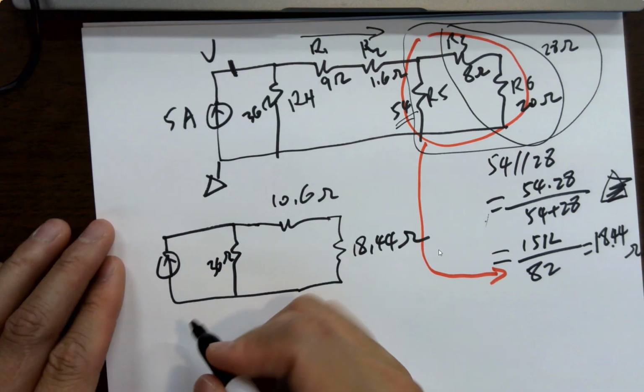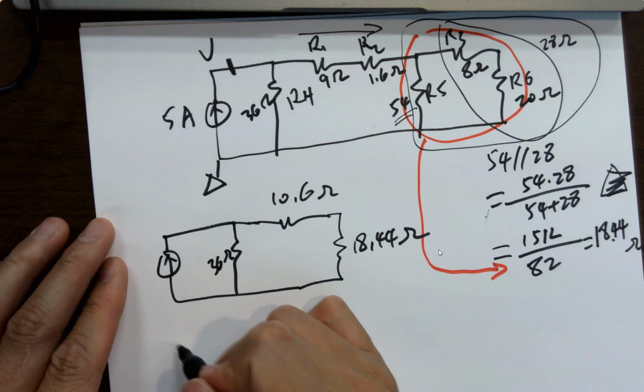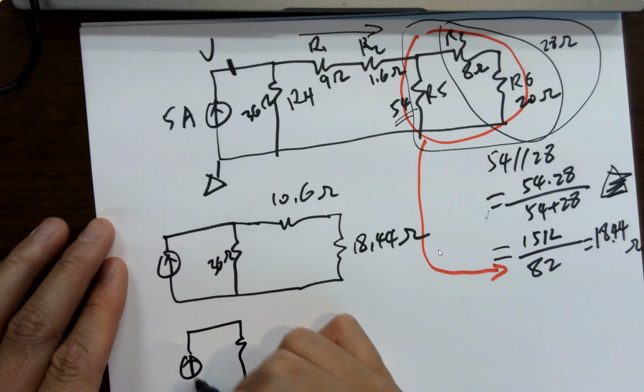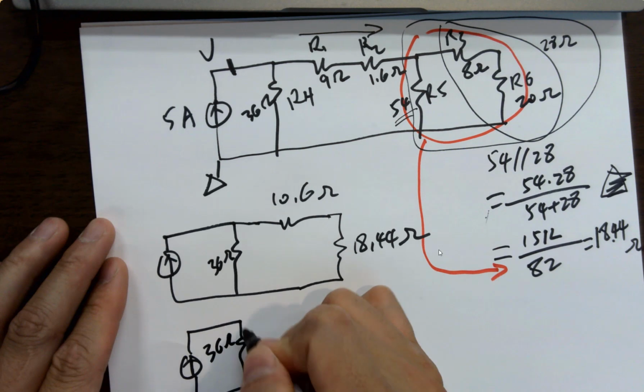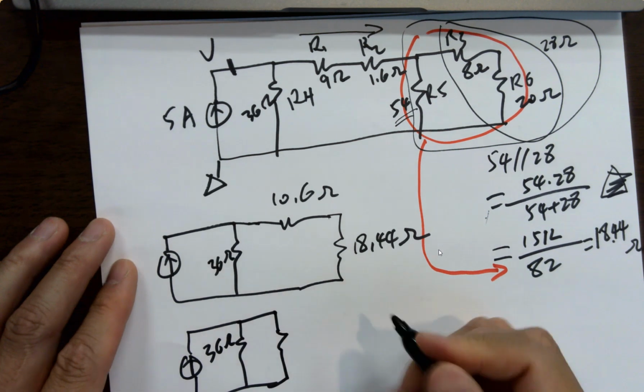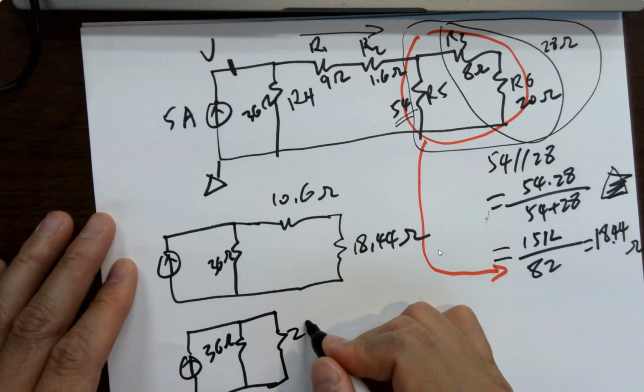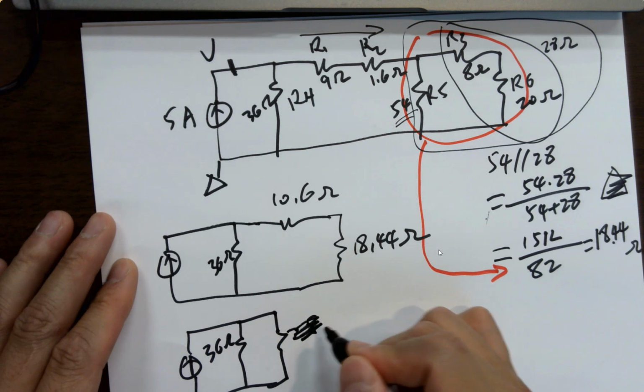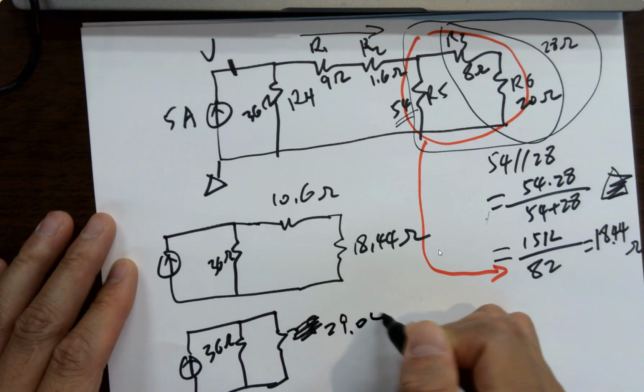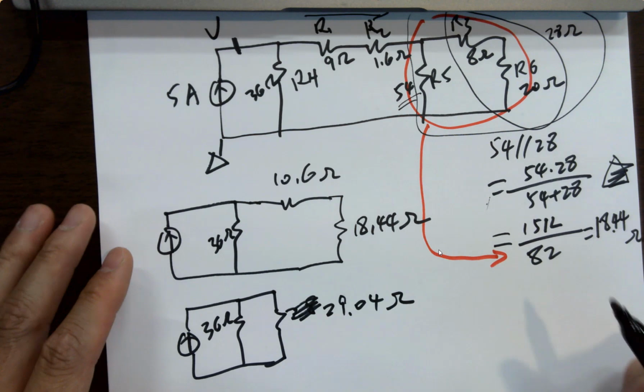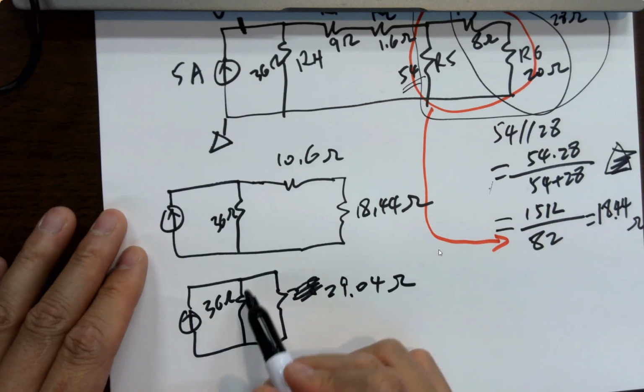Let's combine them. So this becomes 36 ohms. Another resistor which is 29.04 ohms. Now another parallel resistor.